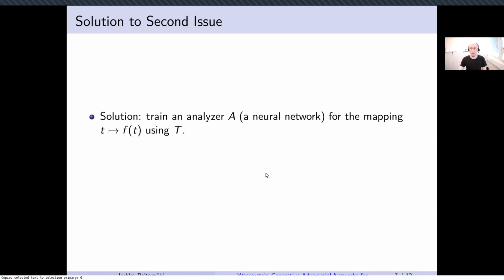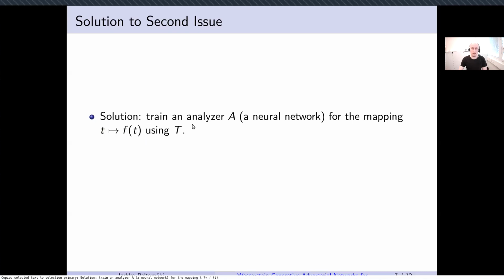How we define a best or good test is the following. We train an analyzer, an auxiliary machine learning model, which could be a neural network. We use the random sample, or test suite, to learn the mapping from tests to their fitnesses.